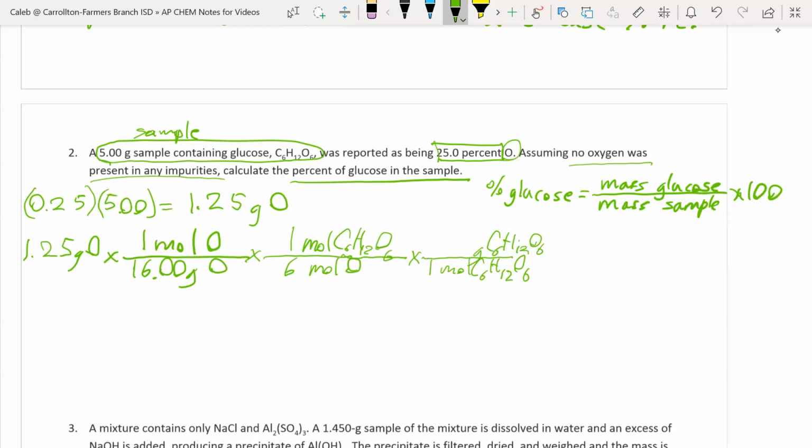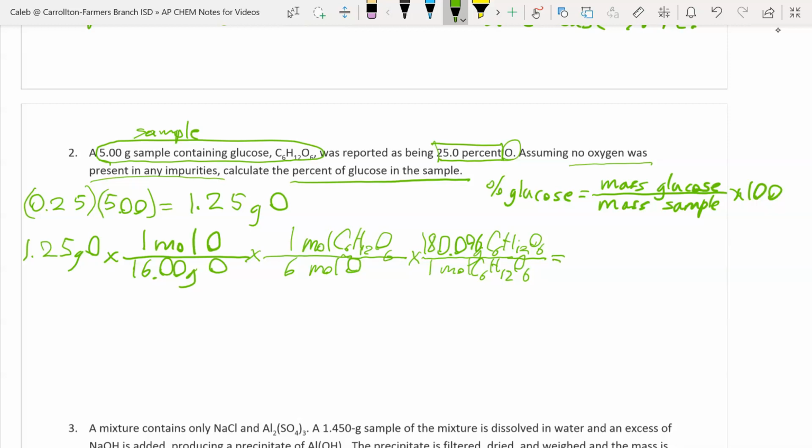So to figure that out, we need to multiply the mass of carbon, 12.01, times 6 plus 12 times the mass of hydrogen, which is 1.008, plus the mass of oxygen, which is 6 times 16.00. I end up with 180.096 grams of glucose in 1 mole.